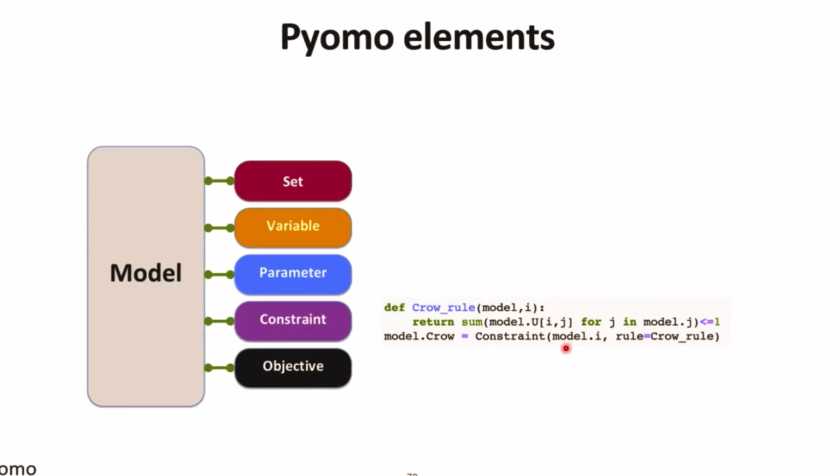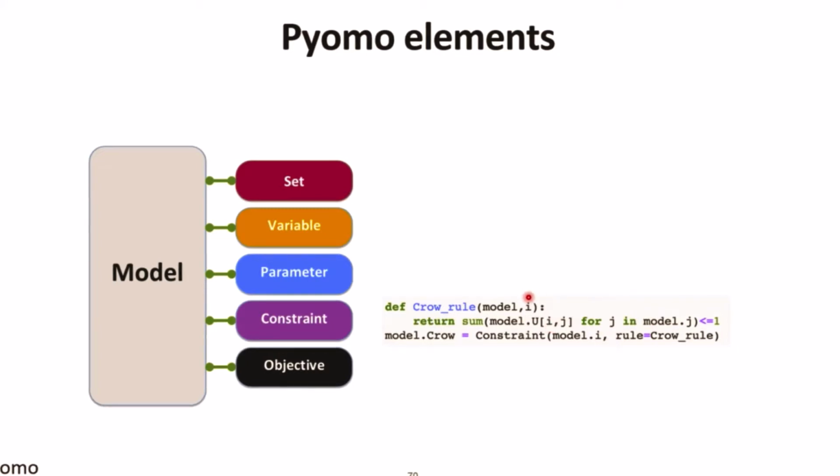That specific one is defined over model.I, which is a set, and a rule. You have to separately define the rule. That specific rule is named zero_rule. That zero_rule is defined over I, the same as here. So if you have I, you have to have I here, and it returns the summation of model.u[i,j] for j in model.J, less than or equal to 1. That does the summation over j, and the remaining set is I, which is here.